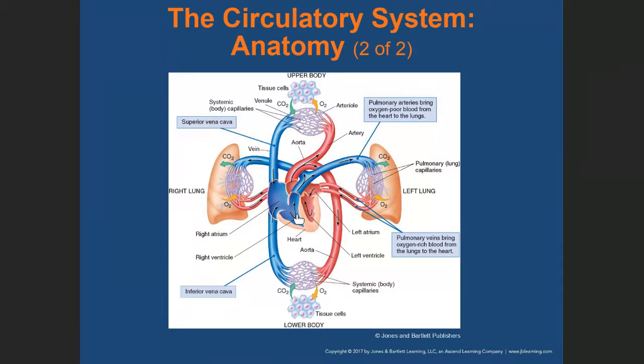Now, with the same concept, if the left ventricle is responsible for receiving oxygenated blood from the left atrium and pumping that blood into the aorta and the rest of the body, and the patient gets a myocardial infarction or heart attack in the left ventricle, where is the fluid going to back up?